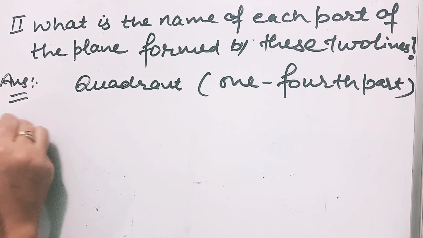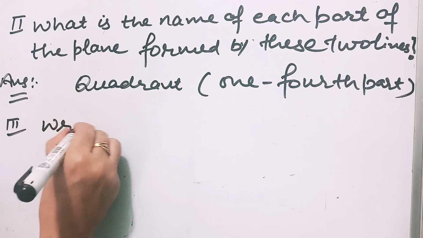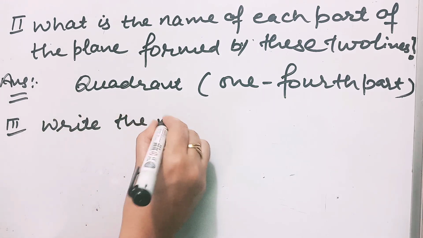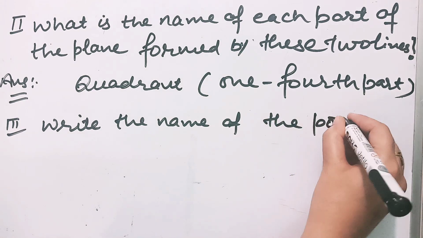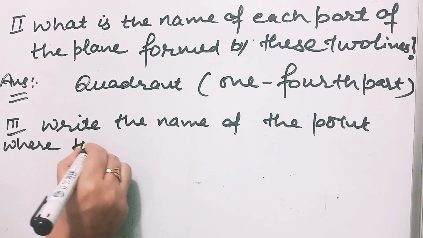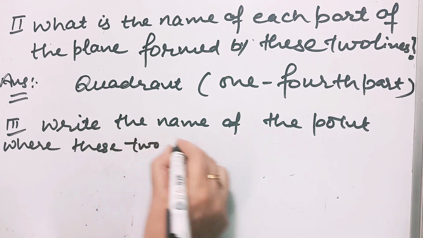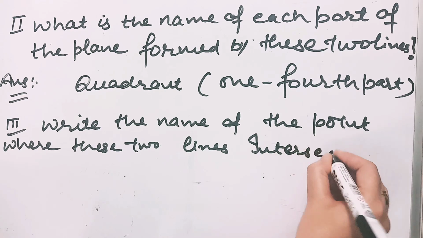And the third part is: write the name of the point where these two lines intersect.